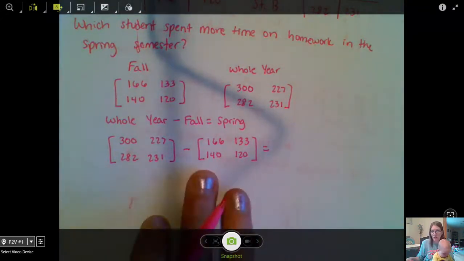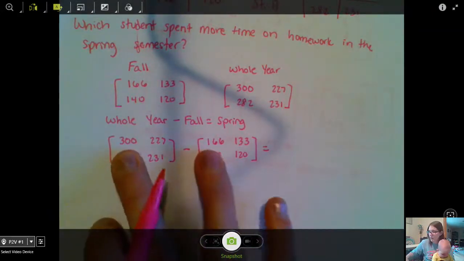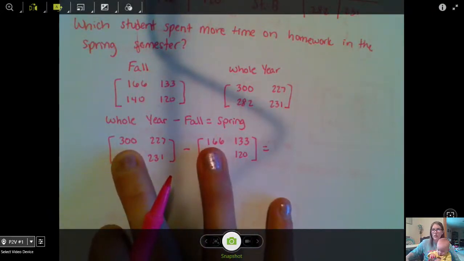They're both 2x2s. So I subtract each corresponding entry.